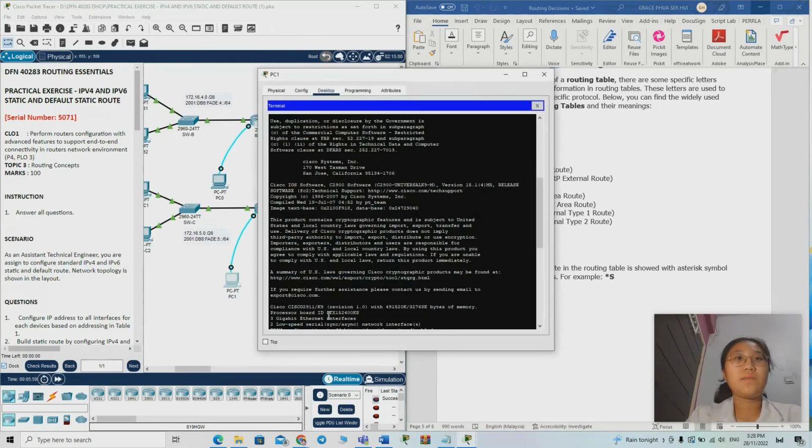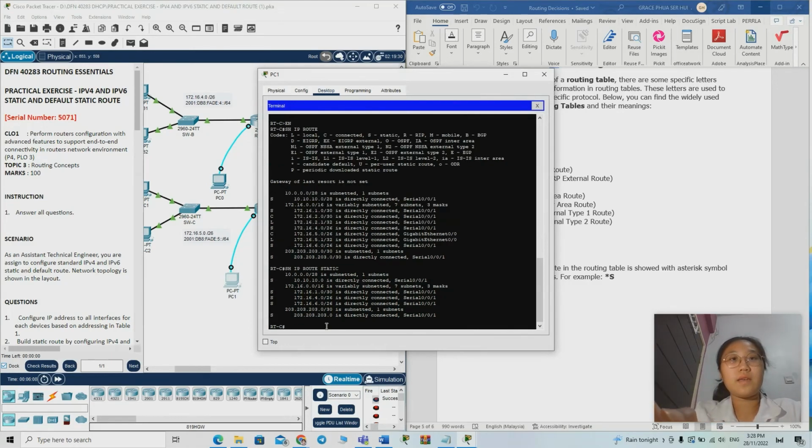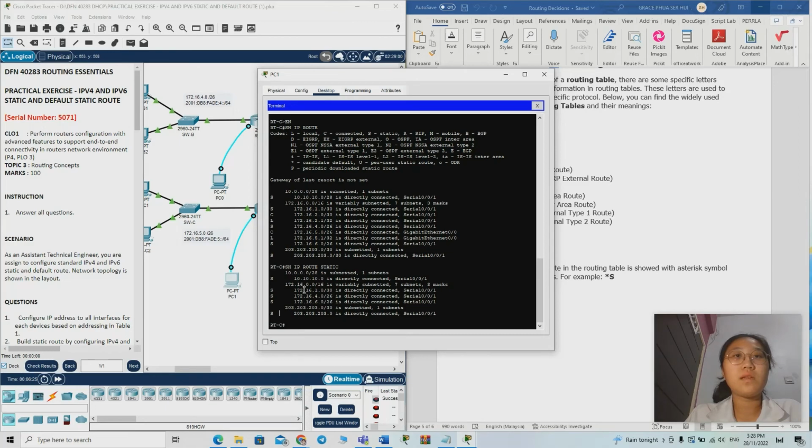Let's try the other routers. Show ip route static. Here are the IPs that I configured as static. There are 5. Okay, but there's no S star symbol like on the ISP. Just the common networks. There are 5 networks and the same outgoing interface.